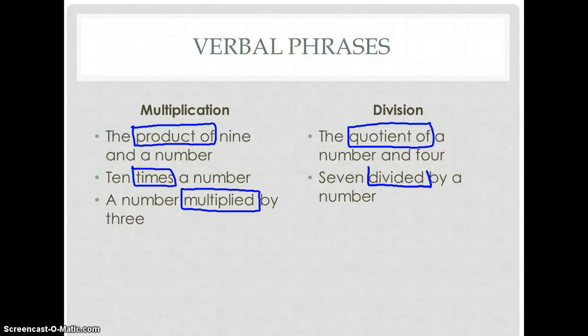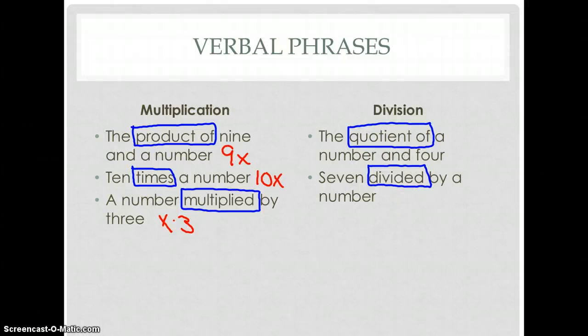And obviously, the phrase divided by would imply division. If you look at multiplication, the product of 9 and a number, that's 9x. That means 9 times x. 10 times a number would be 10x. And a number multiplied by 3, x times 3.